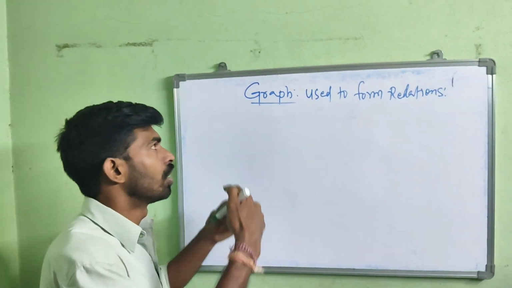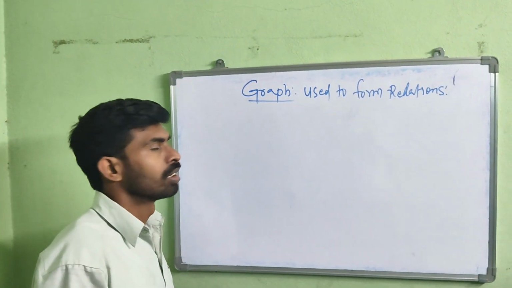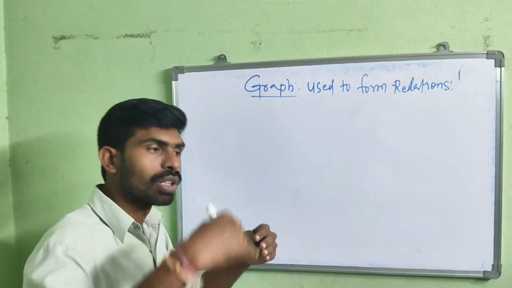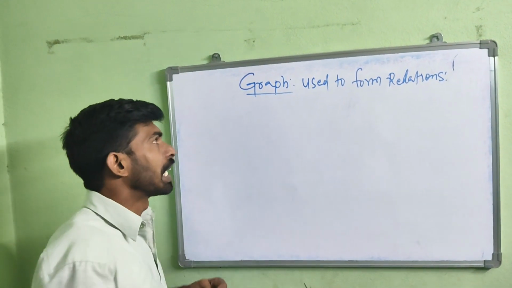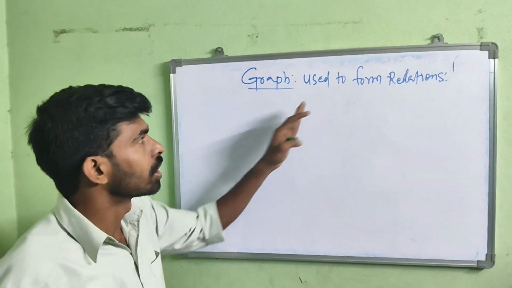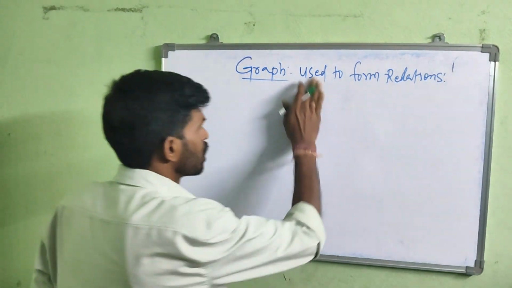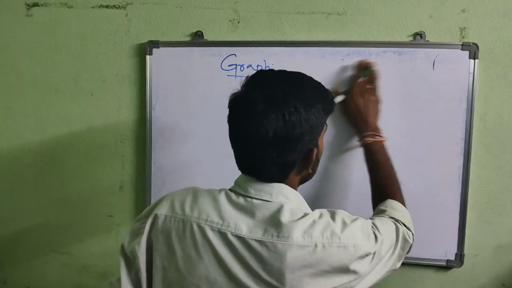Like this, we are representing these criteria and how the fluctuations are going on. These all things are denoted on the graphs. These graphs are used to form the relations between two different variables.